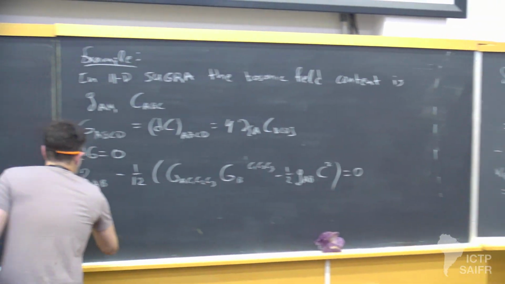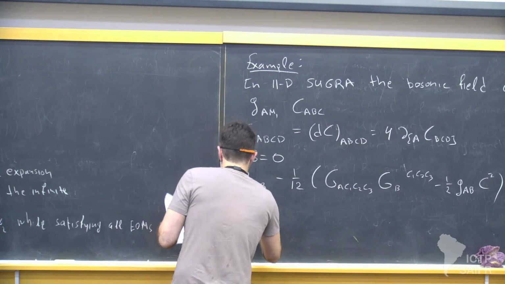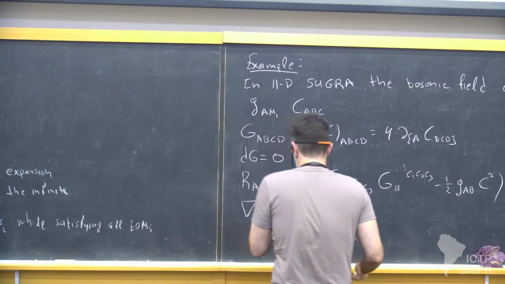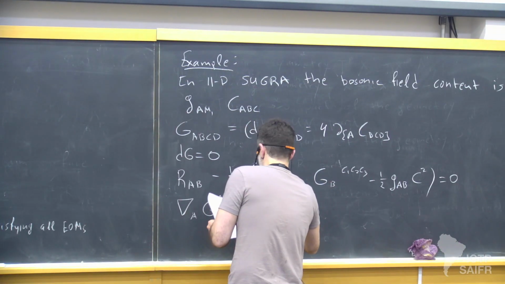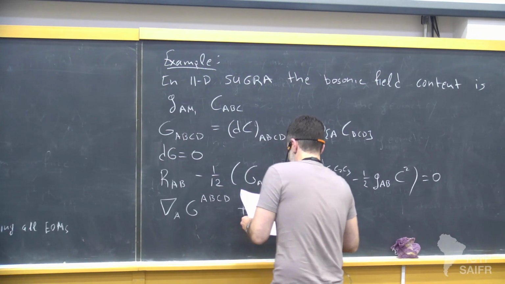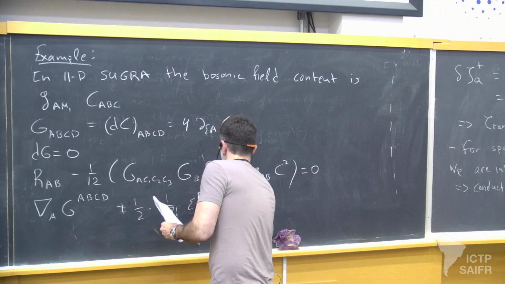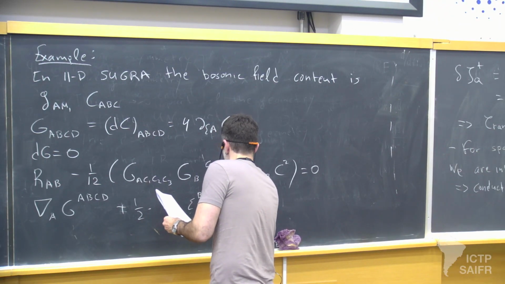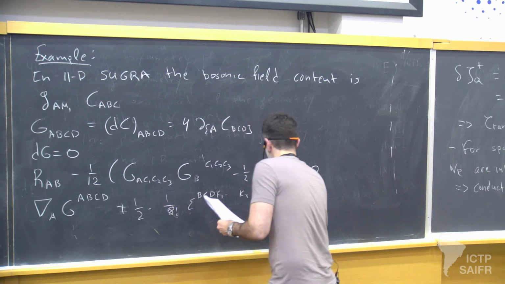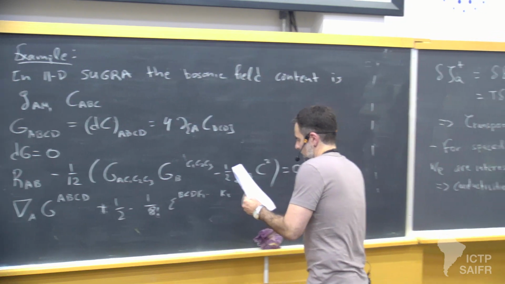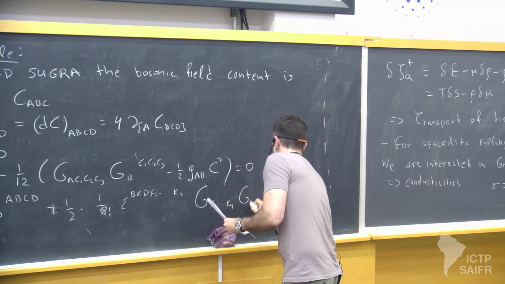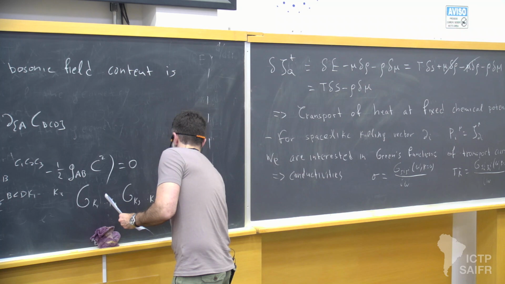And the equation of motion for the 4-form will involve the 11-dimensional fully antisymmetric tensor, and then a nasty contraction, K1 up to K4, then K5 up to K8.